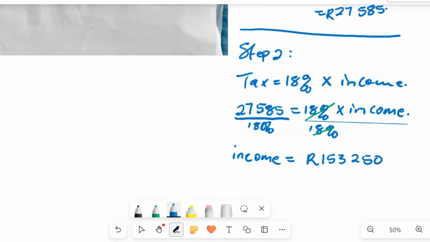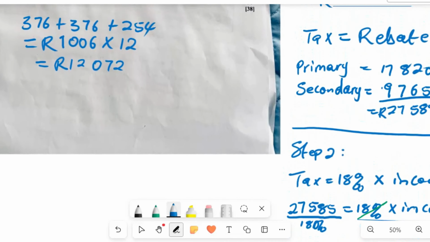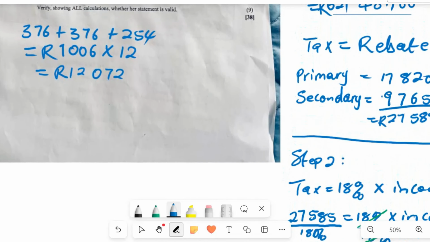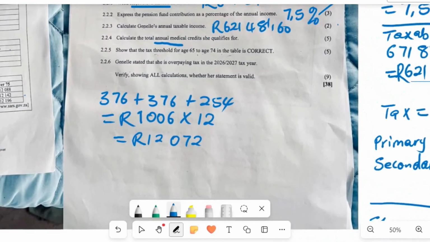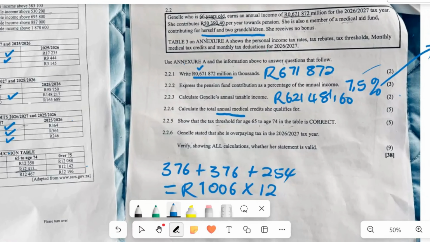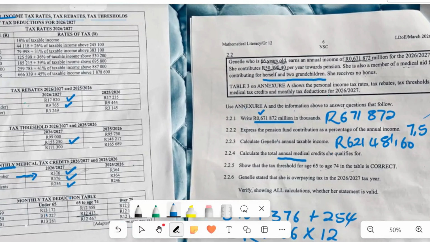So let us check on the table if this threshold is correct. It says 153,250.